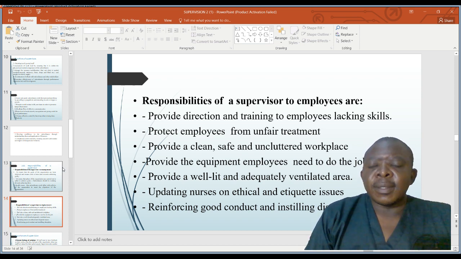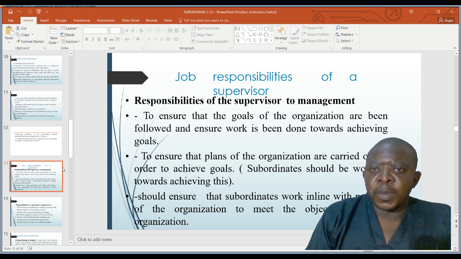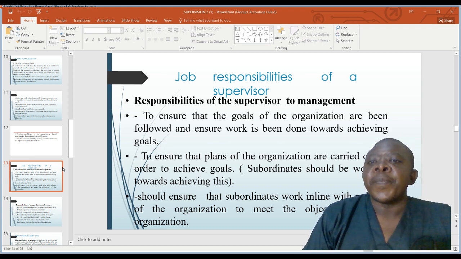Okay, it's important you note the difference when you talk of responsibility of supervisor to management. It's more like carrying out the orders and ensuring that policies are followed, the goals of the organization are followed.